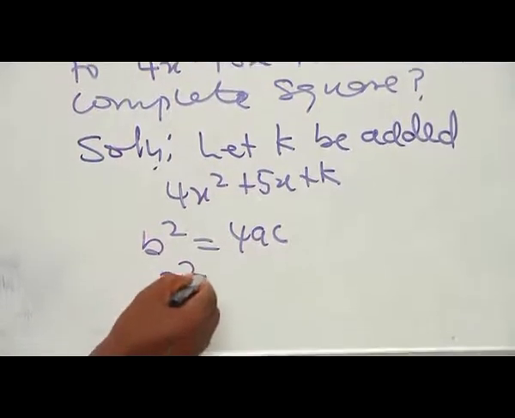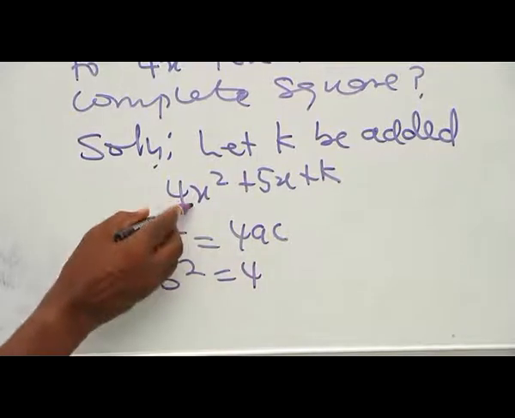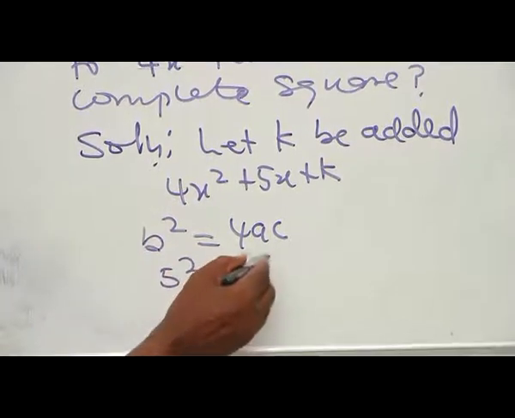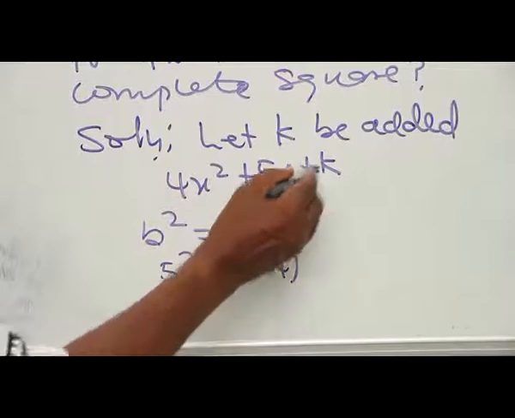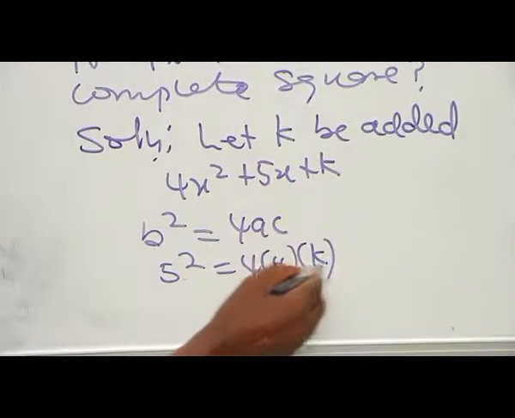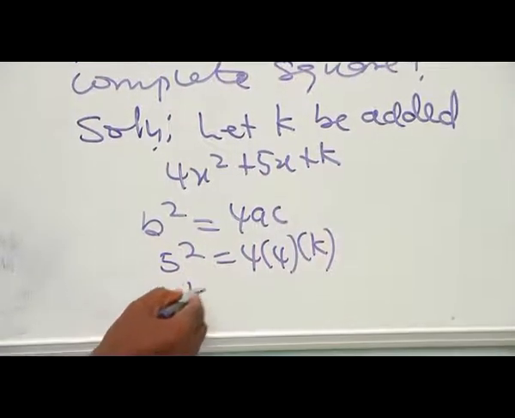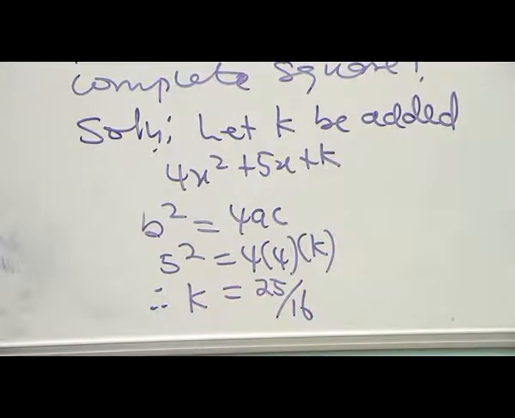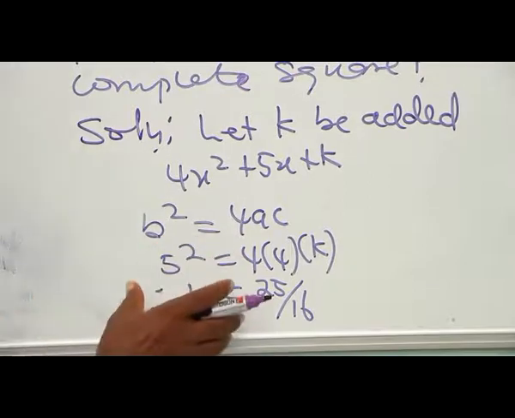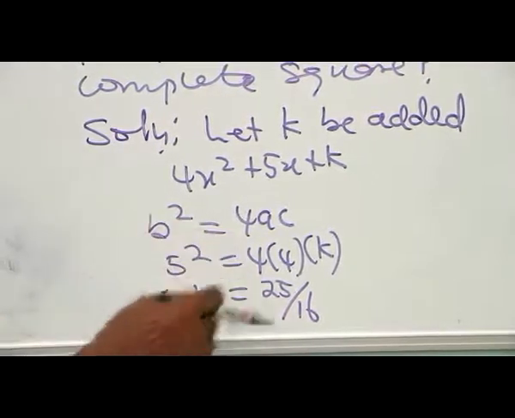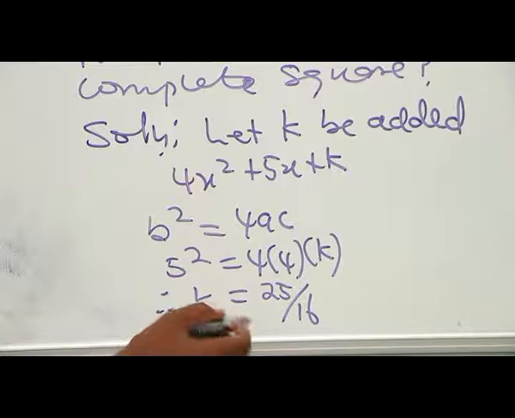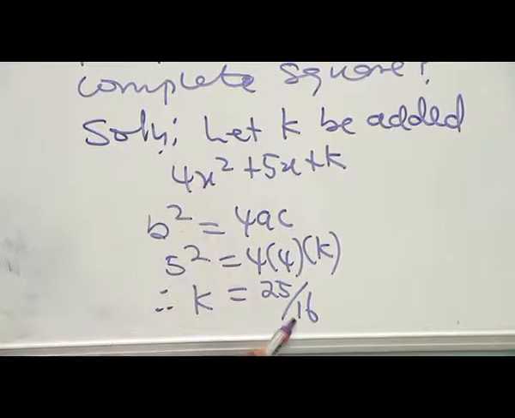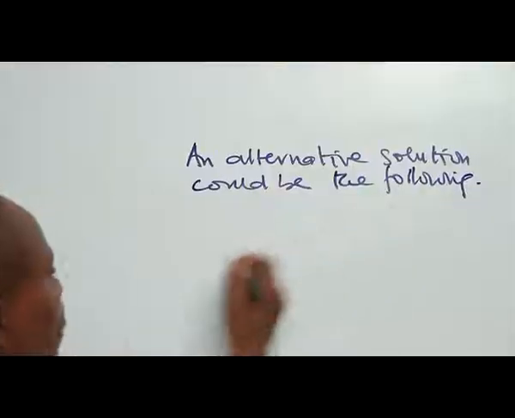So that means 5 squared equal to 4. Our a is the coefficient of s squared, which is also 4. And our c now is equal to k. Therefore, we discover that k is equal to 25 over 16. Since the question specifically asks us, what must we add to the expression to make it a complete square? This is what you can add to make it a complete square.